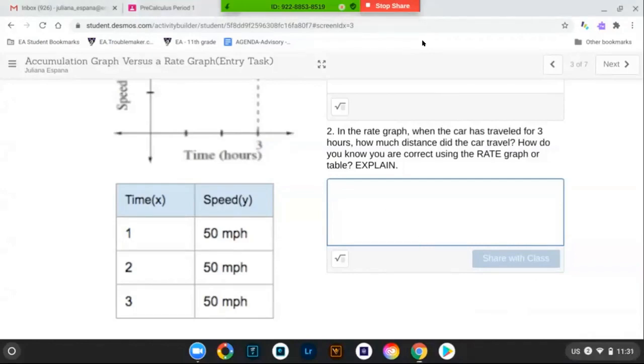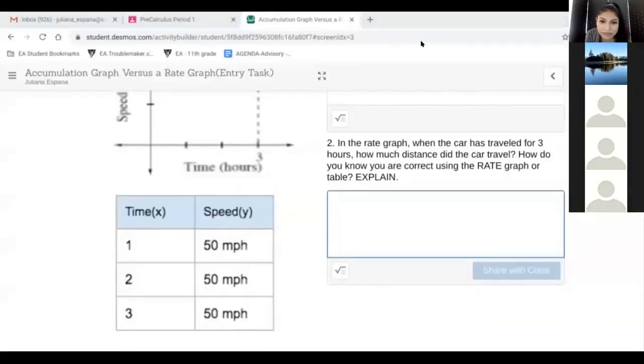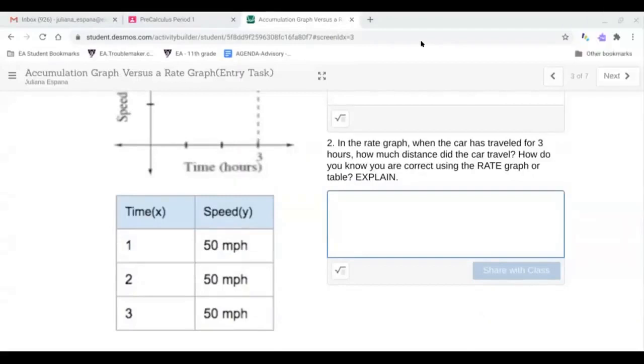Either 50 or we have to problem solve for something else. Sorry about that. I don't know because if you're still going, I don't know.